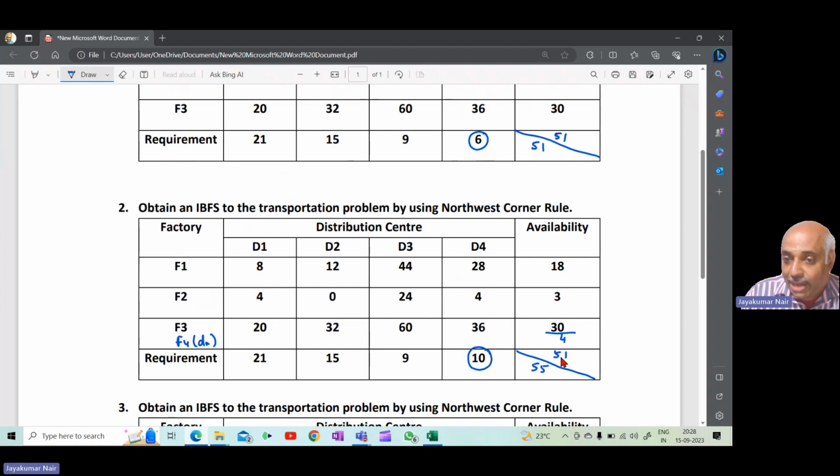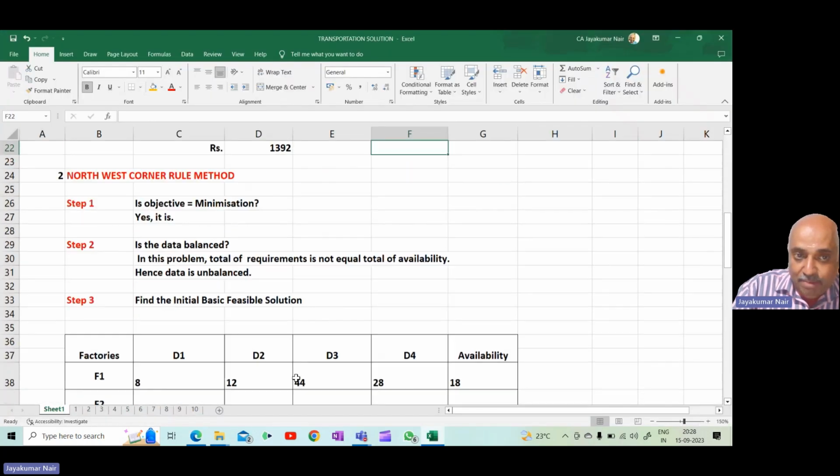Only then it will become 55 over 55. Total availability is 51, total requirement is 55. Therefore, you have to introduce a dummy row with availability 4 so that the total availability becomes 55.